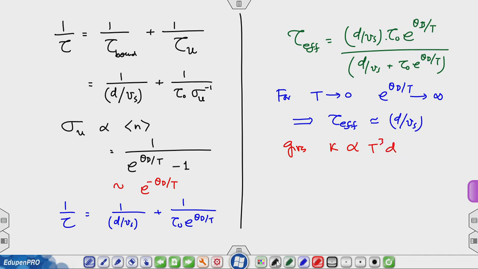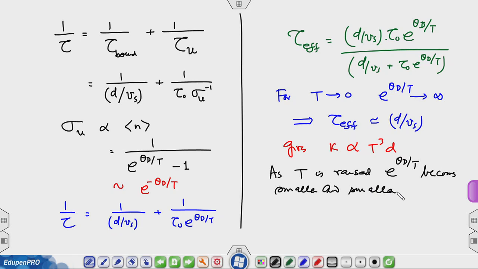Now, as the temperature is raised, e raised to theta d by t becomes smaller and smaller, and at some point it will become very small, and then tau effective will go to tau 0 e raised to theta d by t.